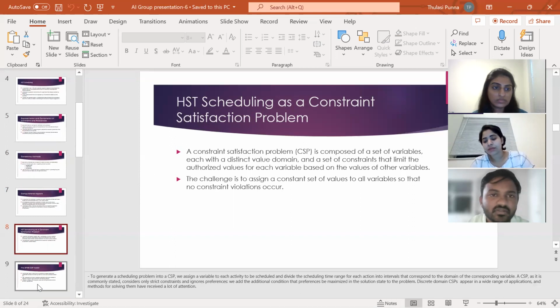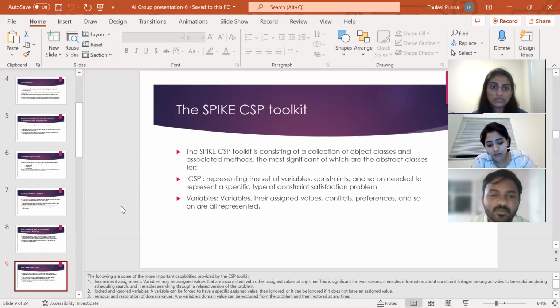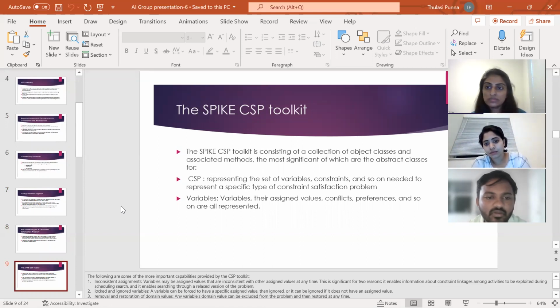The next one is the Spike CSP toolkit. There are basically three methods in this Spike CSP toolkit: inconsistent assignment, locked and ignored variables, and removal and restoration of domain values. Coming to the first point, variables may be assigned values that are inconsistent with other assigned values at any time.